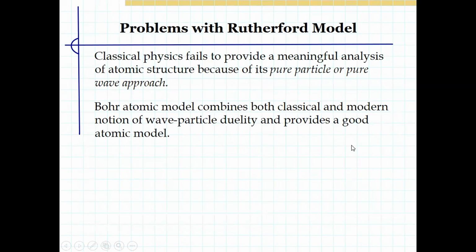It must combine both ideas, that most of the atom is empty, and it has electrons revolving around the nucleus, however, in the form of stationary waves. The atom has particles and waves.